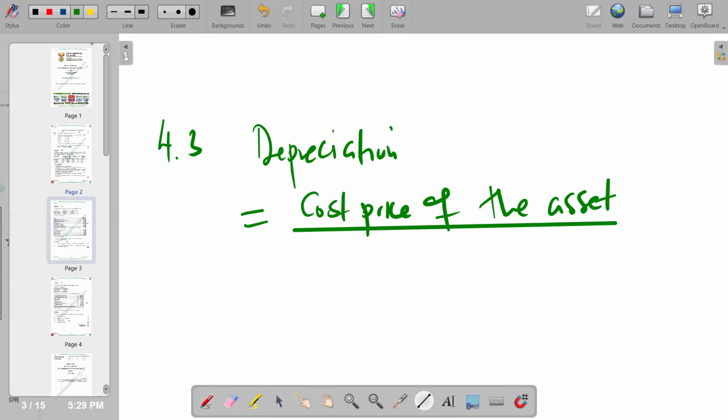And then in terms of our denominator, we are supposed to have the total number of units that can be produced.